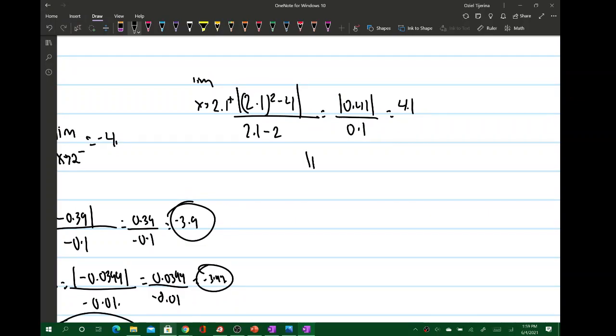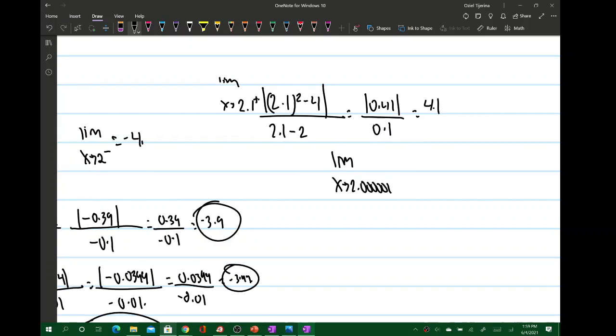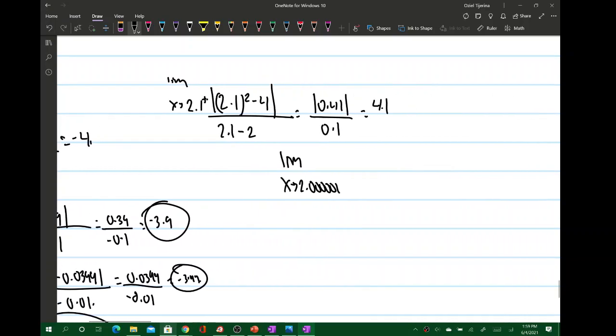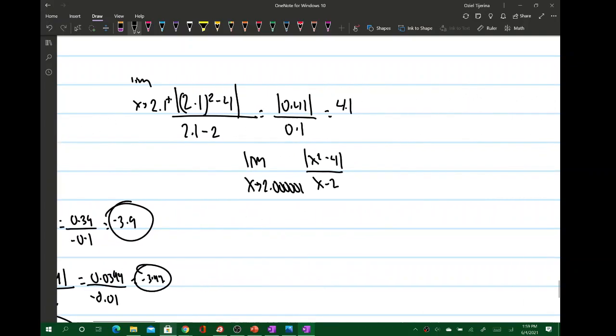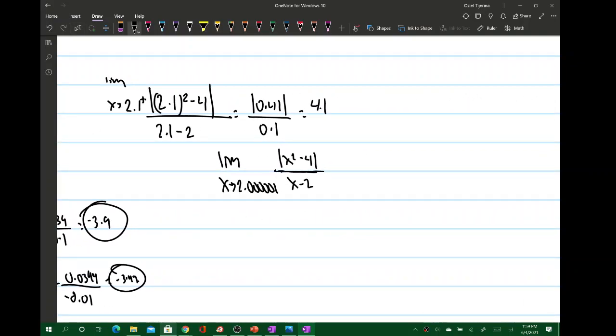And if I keep going, no matter how many zeros I add, of the absolute value of x squared minus 4 over x minus 2, this is going to equal 4.000001. So it's going to be 4.